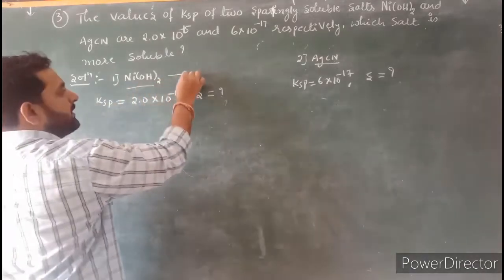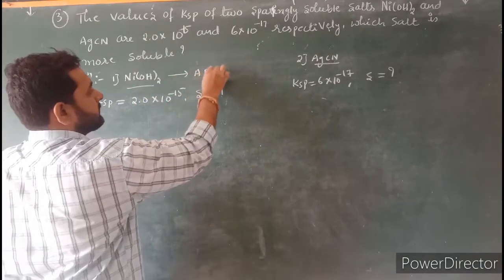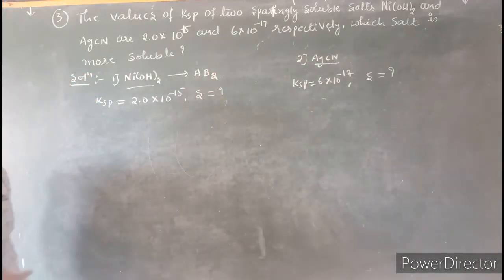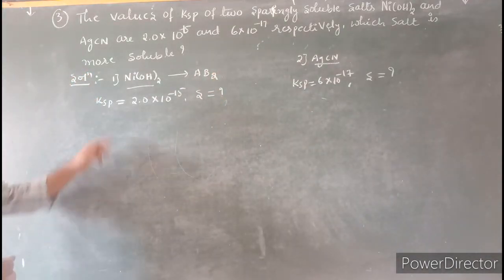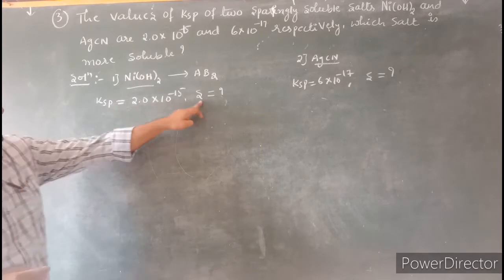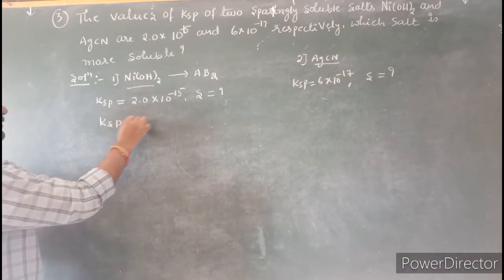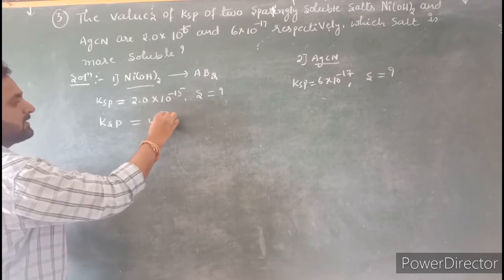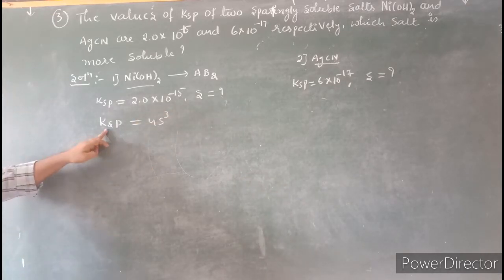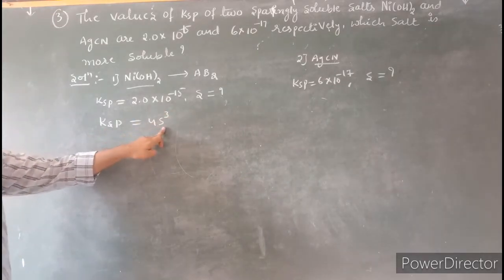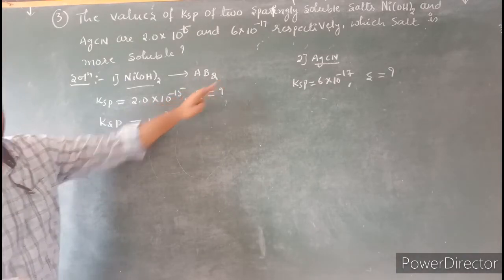That's why it is an AB2 type of electrolyte. For AB2 type of electrolyte, the relation between solubility product and solubility is Ksp is equal to 4S cube.